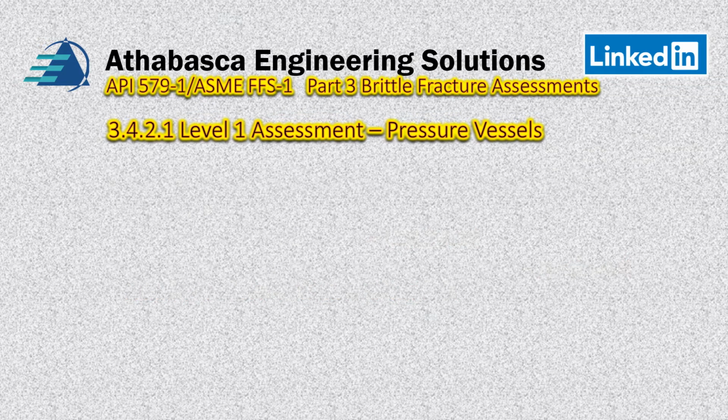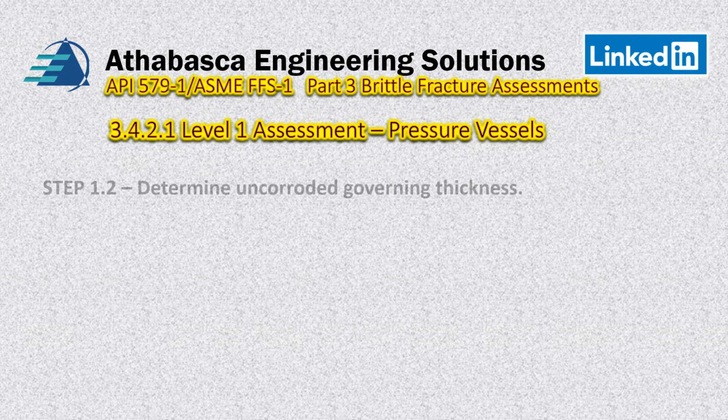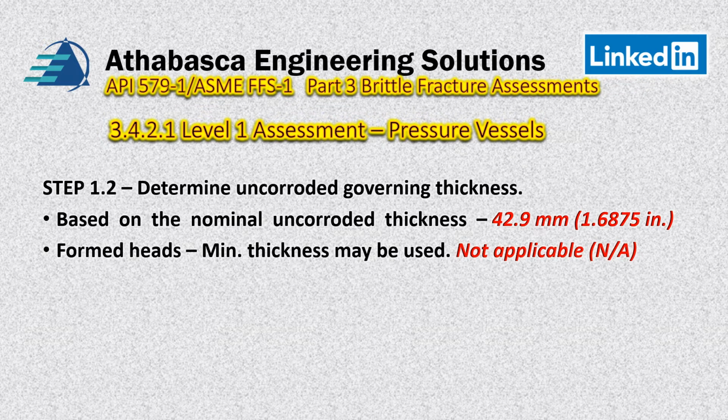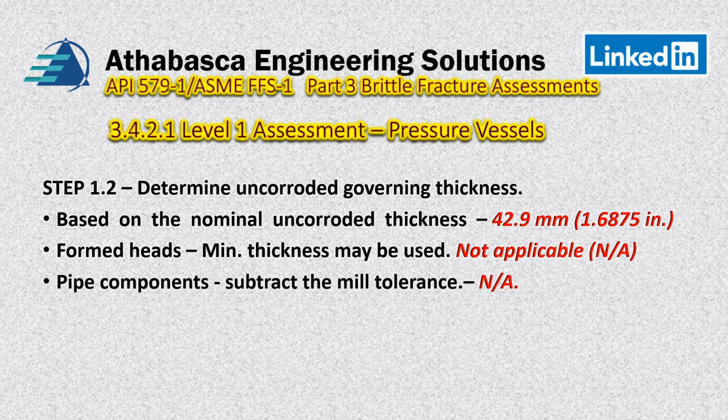Now, the uncorroded governing thickness is based upon the nominal uncorroded thickness for a pressure vessel, so we use 42.9 millimeters or 1.6875 inches. For formed heads, we don't have any in this application, but we would use the minimum thickness. For pipe components, we would subtract the mill tolerance, and that is not applicable.